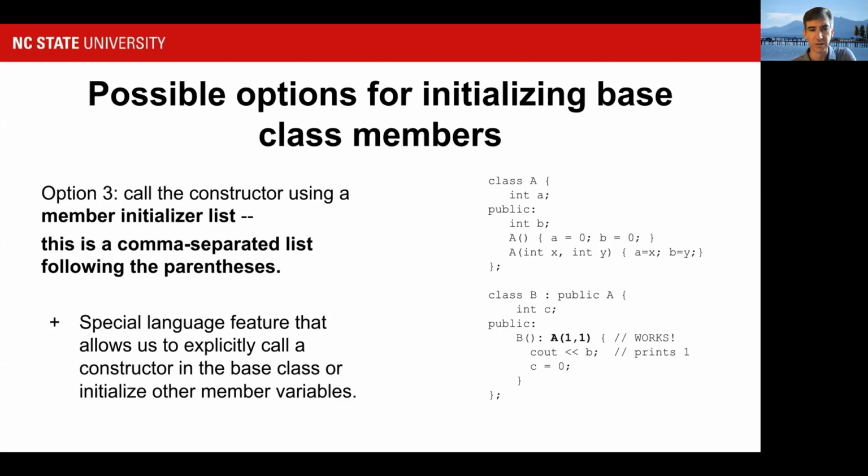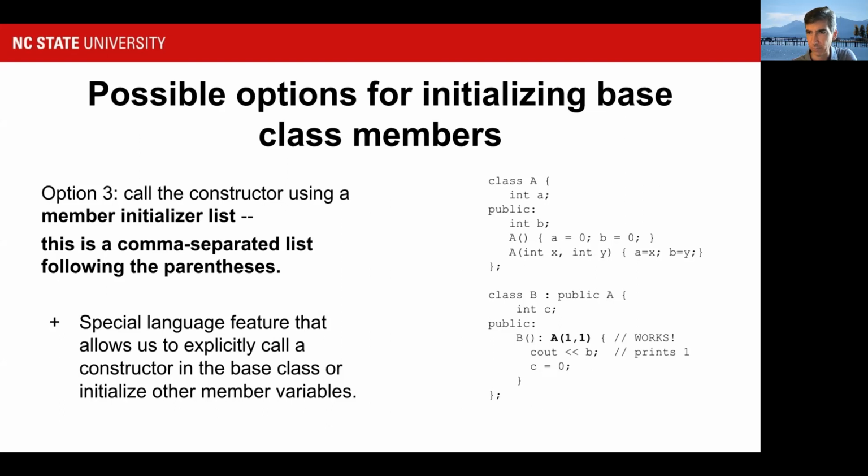A member-initializer list is a comma-separated list that comes between the parentheses of a constructor and the body of a constructor function. So here, after B, open close parentheses, I put a colon, and then before the open brace, in between here, I can have a comma-separated list of initializers.